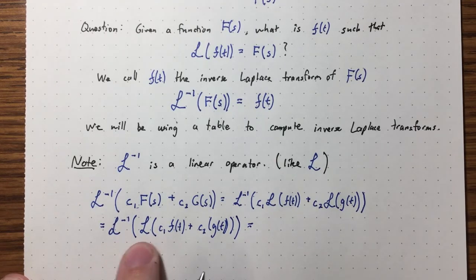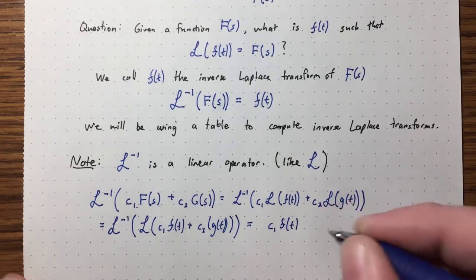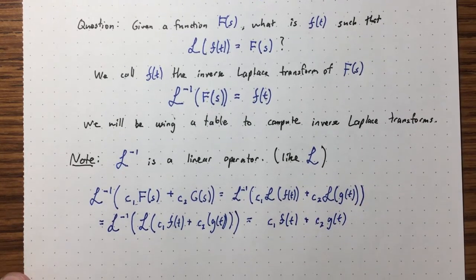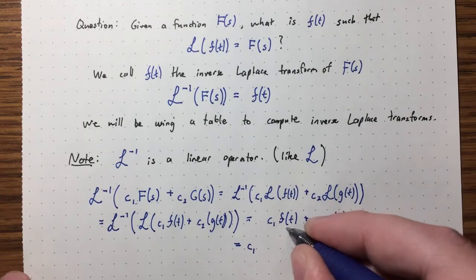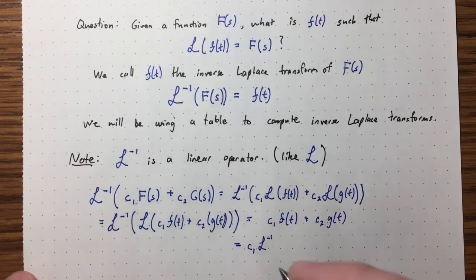I'm taking the Laplace transform, then I'm immediately taking its inverse. So what should this be? I should just get this function back: C1 f of t plus C2 g of t. And what is f of t? F of t is the inverse Laplace transform of capital F of s.